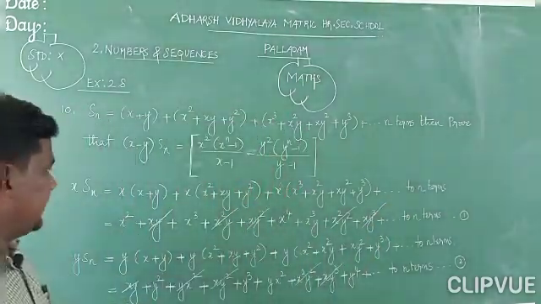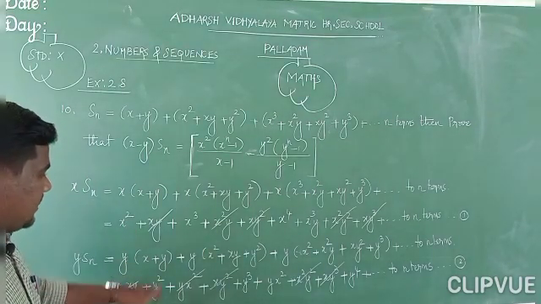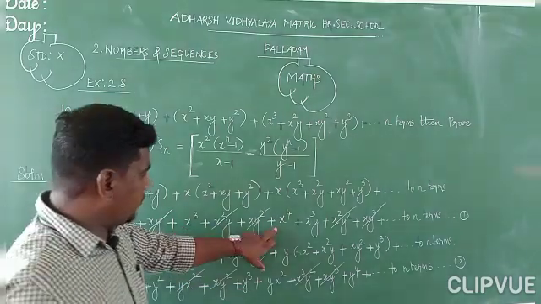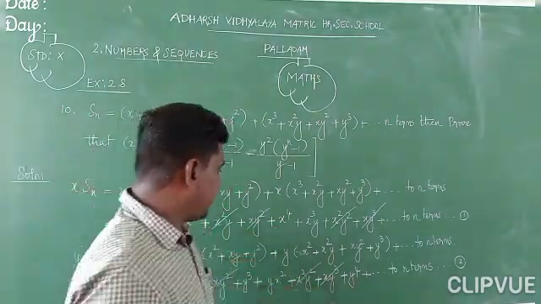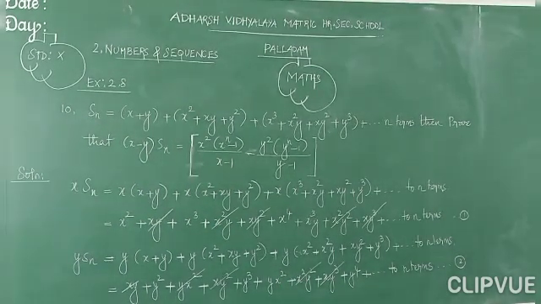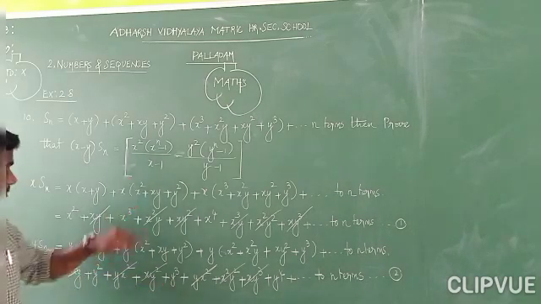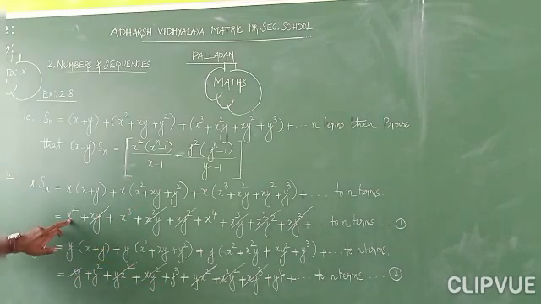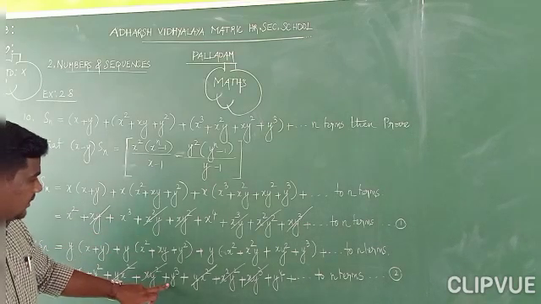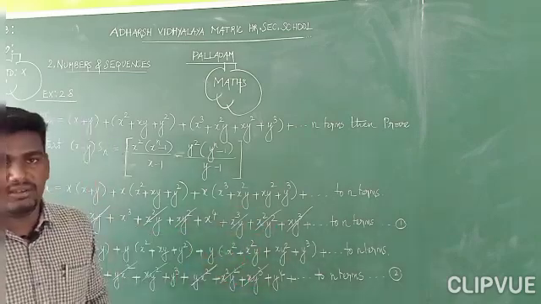So finally what do we get? This x square minus y square and x cube minus y cube, x power 4 minus y power 4. See, after subtracting equation 2 from 1, the remaining x square minus y square plus x cube minus y cube plus x power 4 minus y power 4. These terms only we will get.